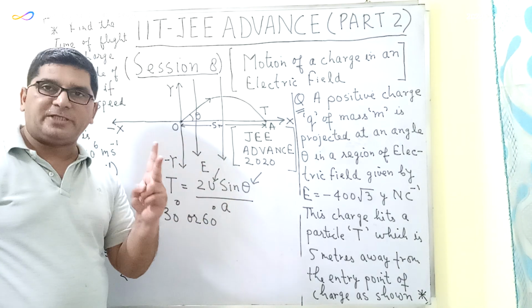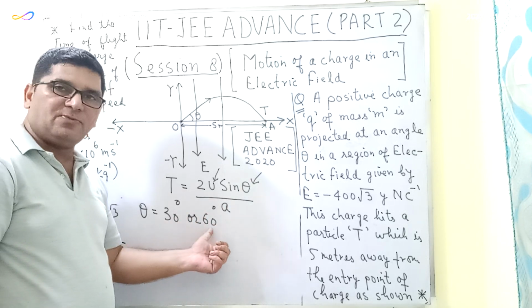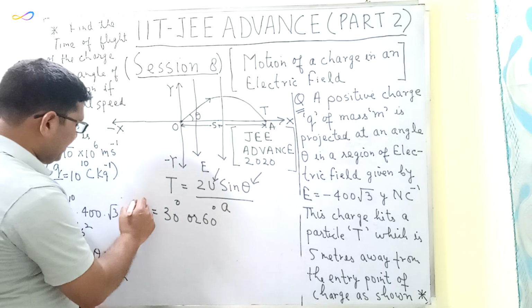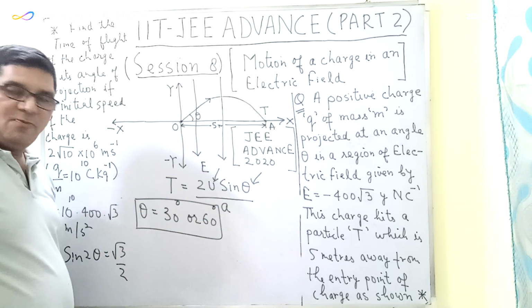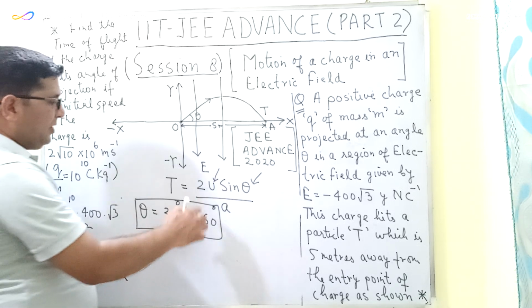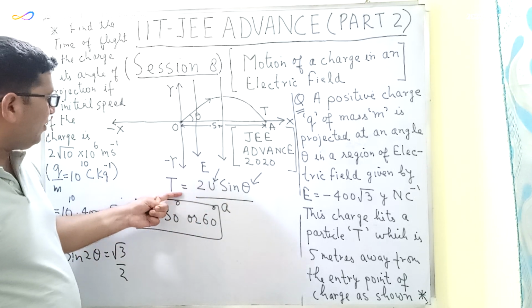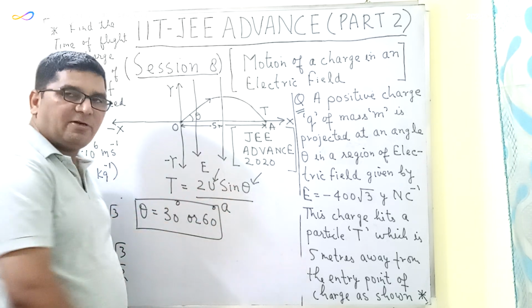So we will be getting two times of flight, one when the angle of projection is 30 degrees and the other when it is 60 degrees. The most important thing in this question was to find the angle of projection. Once you find it, you simply have to use this formula for calculating the time of flight, that is t is equal to 2u sin theta divided by a.